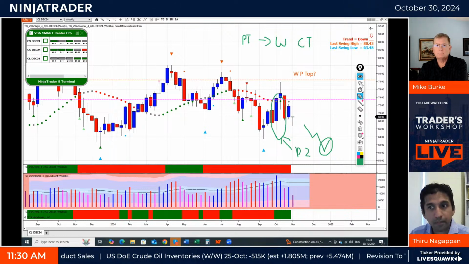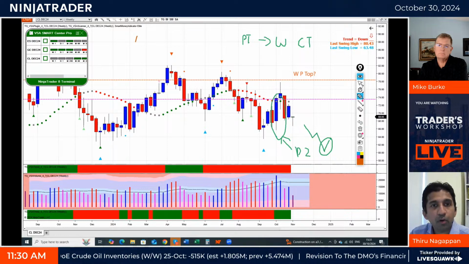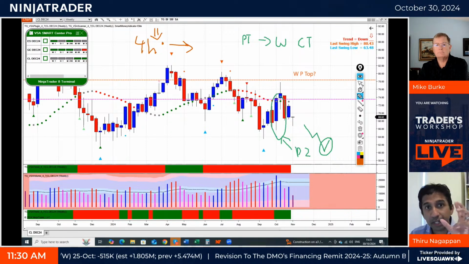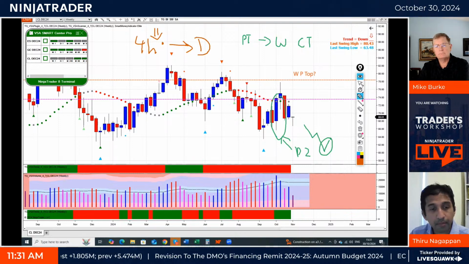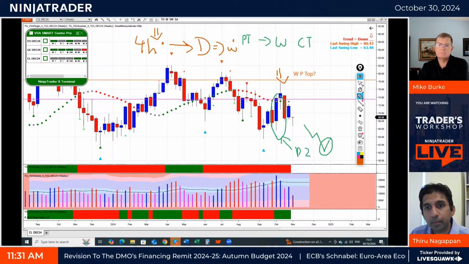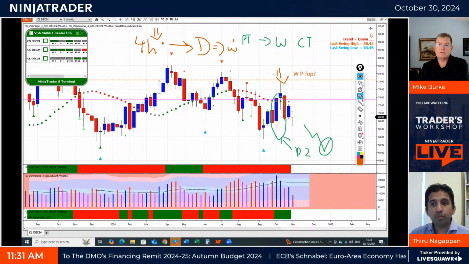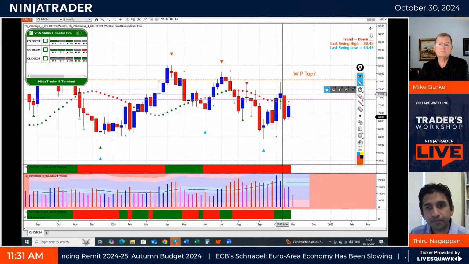If I can capture a daily or a 4-hour confirmation top, and I capture that right, then that 4-hour top will become a daily top, and then finally the weekly top with an orange dot. That arrow and the dot will appear here. At the moment, we don't have a weekly confirmation. That's what strategy 2 is about.